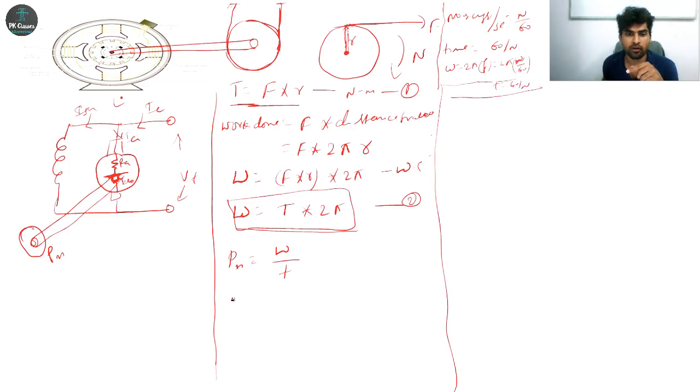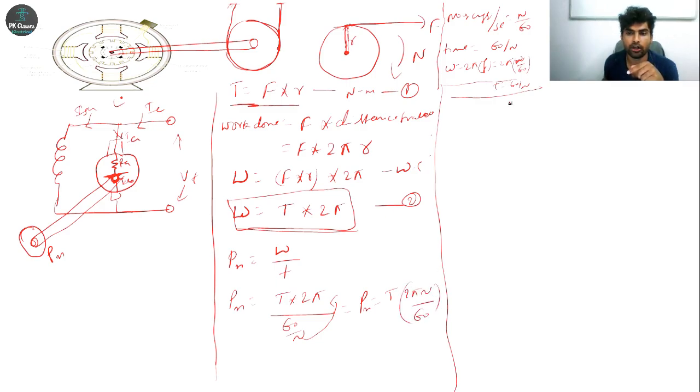So mechanical power developed is equal to work done, which is T into 2 pi, divided by the time taken, 60 by N. So mechanical power developed is T into 2 pi N by 60.